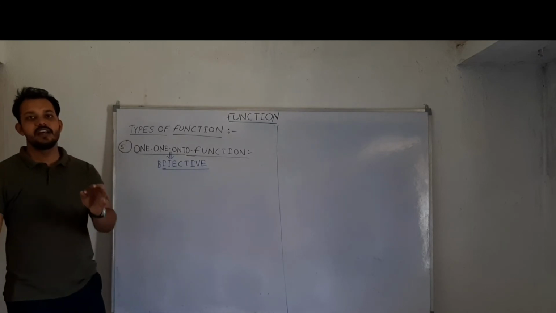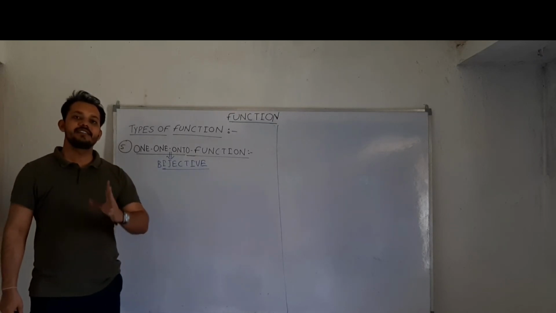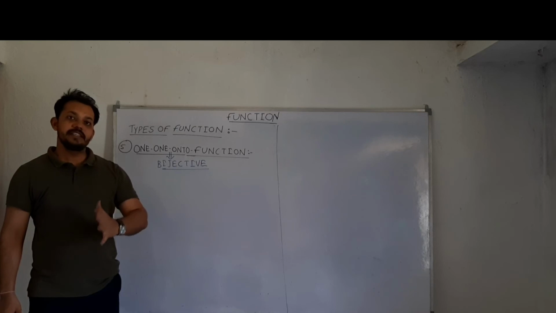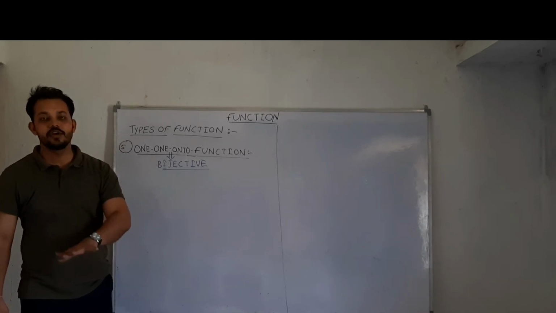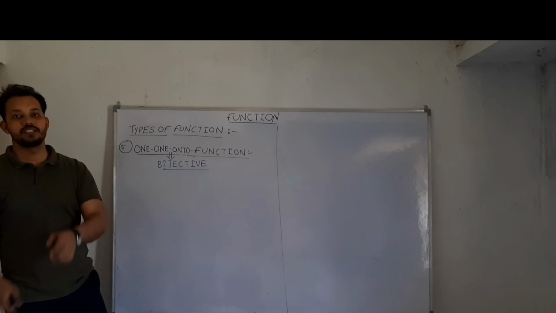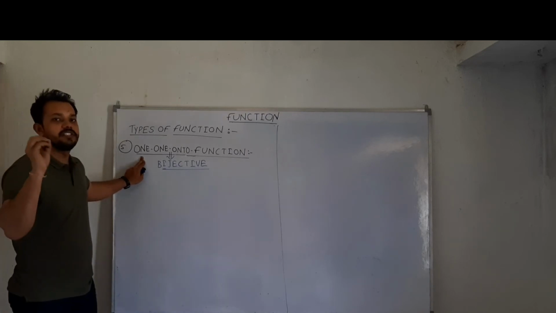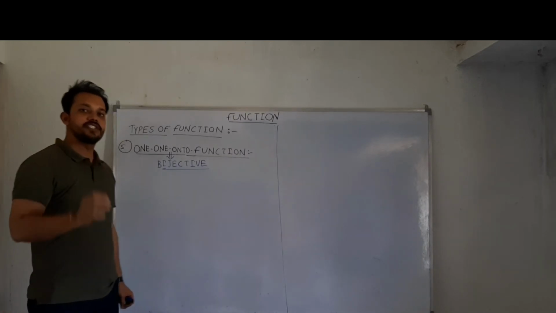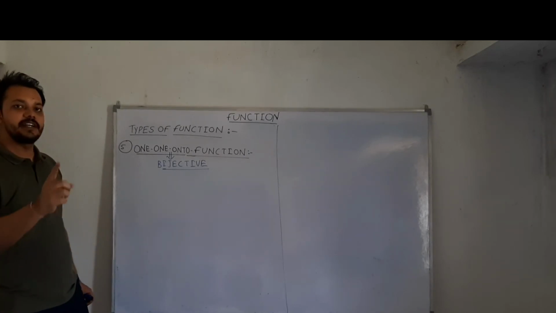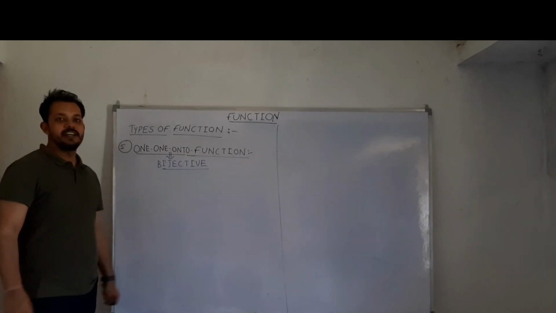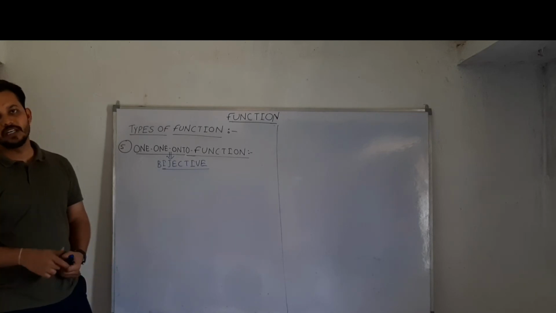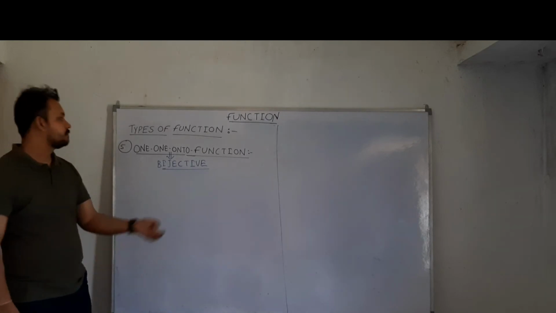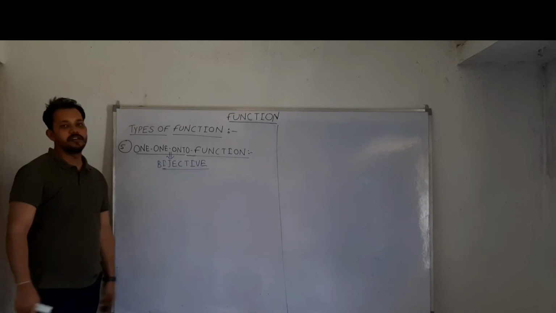We can define this function as the function which is 1-1 as well as onto is called a 1-1 onto function. That means this function will satisfy the criteria of a 1-1 function. It will also satisfy the criteria of an onto function. This type of function is called a 1-1 onto function. We also call this function a bijective function.